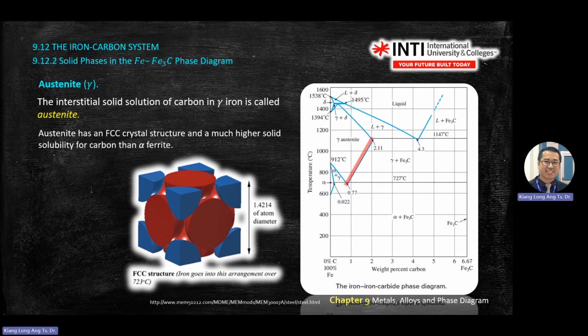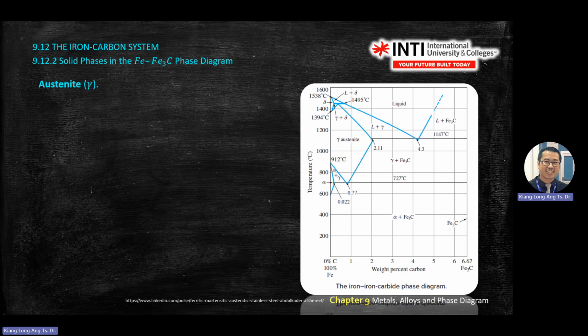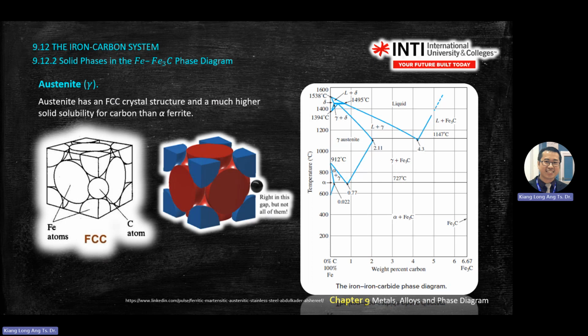So austenite has an FCC crystal structure. You see the maximum here. For example, alpha is here, 0.022% of carbon can dissolve in here at this temperature. For example here, austenite at this line, 1147, you extend down, that is the maximum, 2% carbon at this temperature.